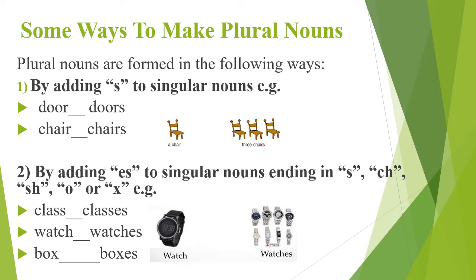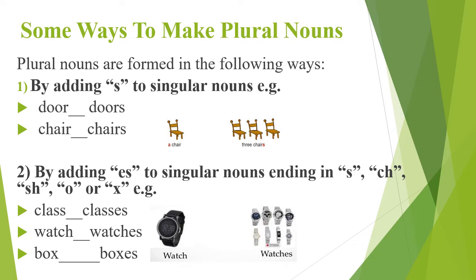The first way is by adding s to singular nouns. This is the most common and the most simple way to make plural nouns. For example, door, doors, cat, cats, chair, chairs, girl, girls, etc. We simply add s to the singular nouns.